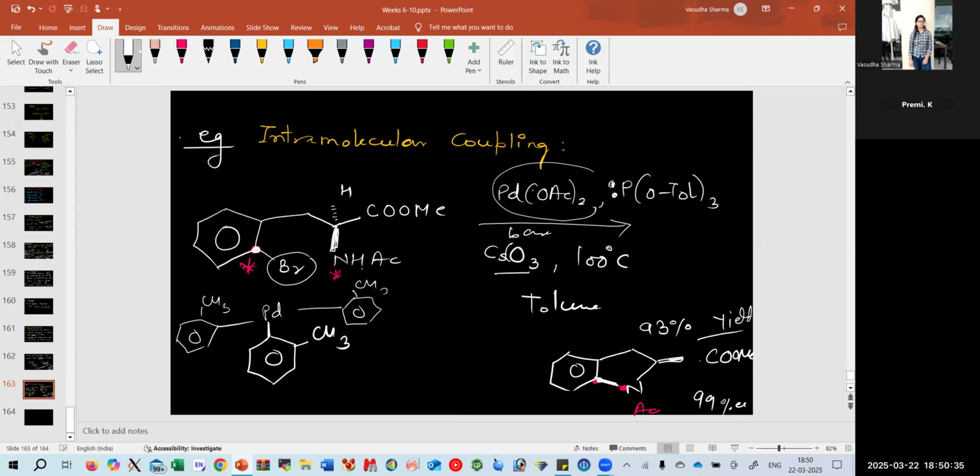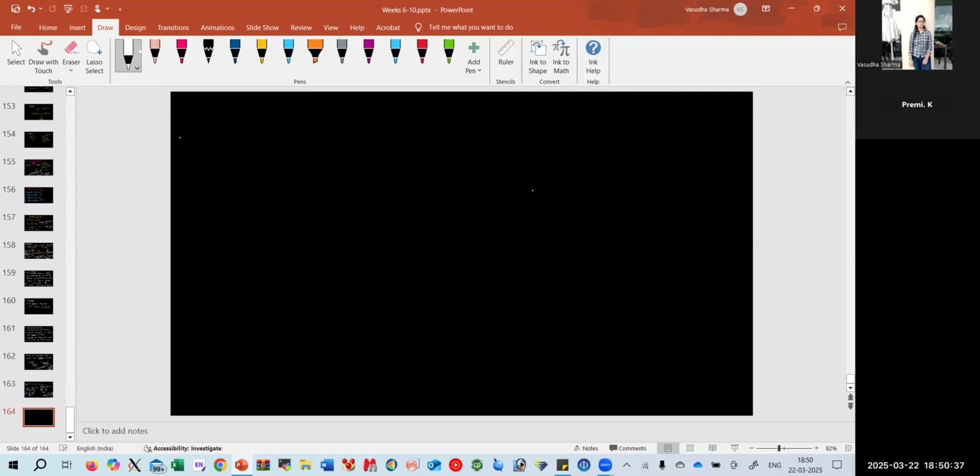Now let's see the example for, just a second. Intermolecular thing.